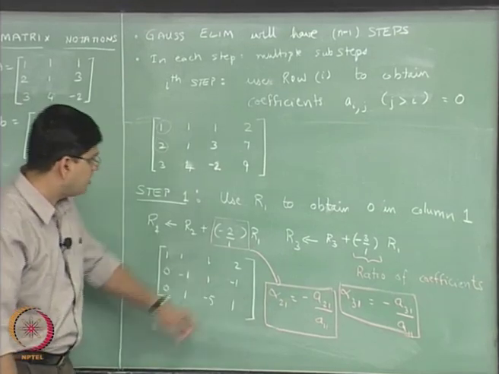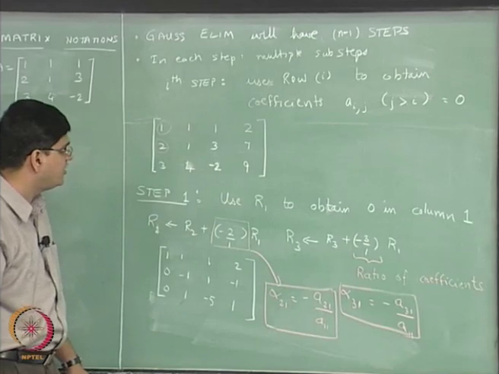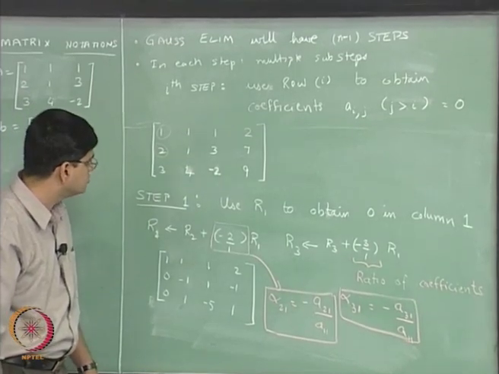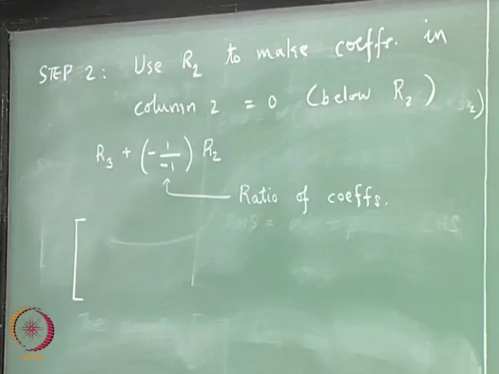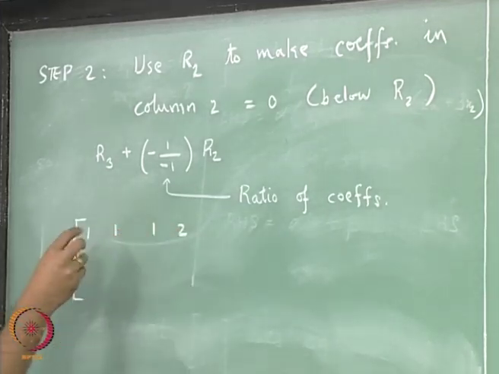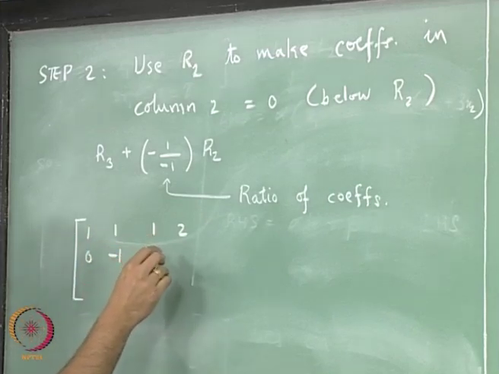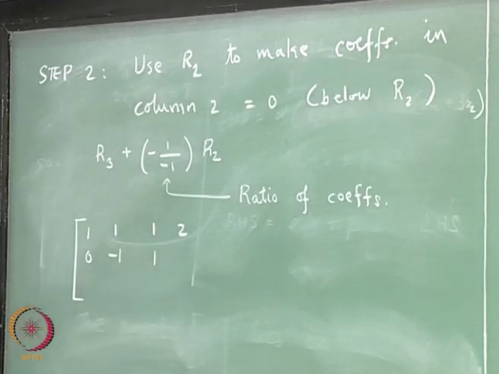So, that is what we are actually going to get when we do addition of these two rows. I think I have probably made a mistake over here.